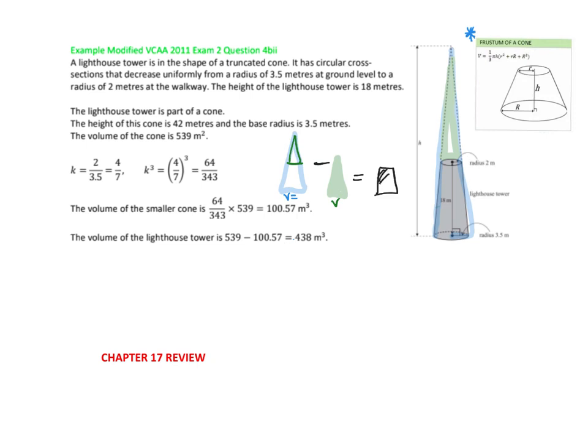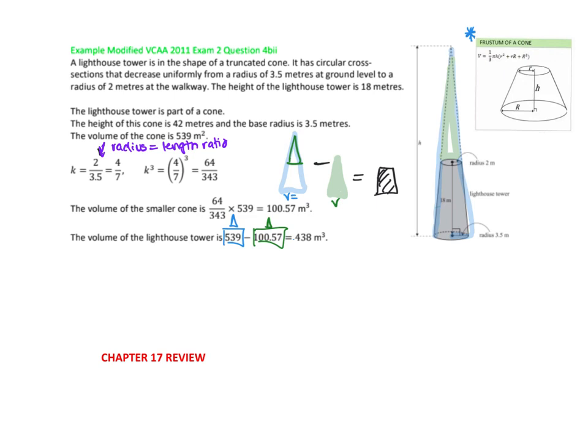So you can use similar figures because they gave you a radius. The radius is a length, which means you can get the length ratio or the scale factor, which they did there. And then they cube it, and you can see this is the volume of the big cone, and then they found the volume of the small cone and they're subtracting it. So you could find it out that way.